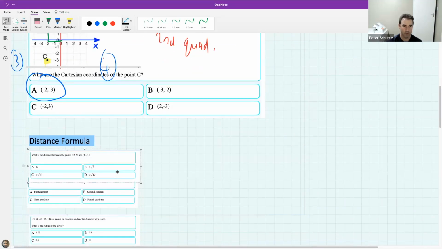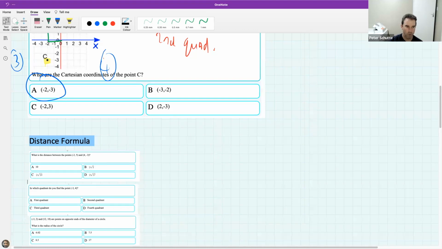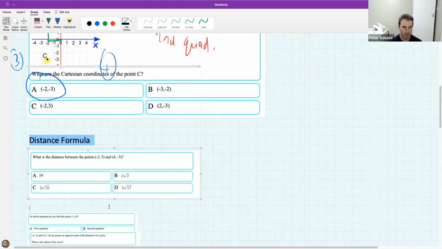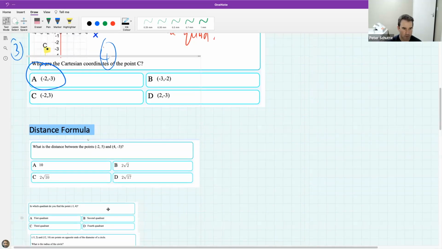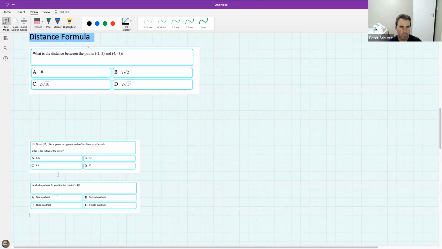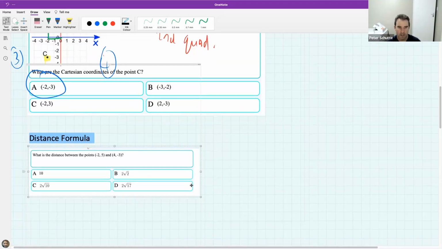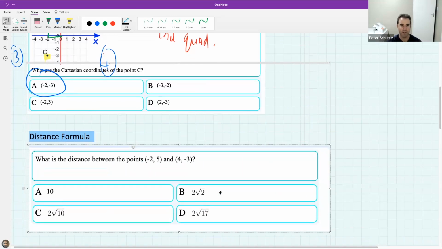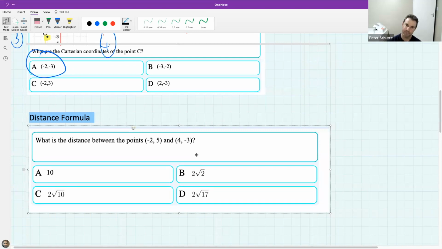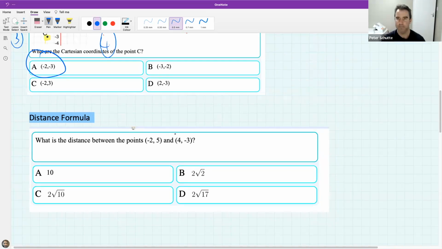Cool. Let us do some more revision from today. I want to know what is the distance between these 2 points? What is the distance between -2, 5 and 4, -3? And is it option A, B, C, or D?